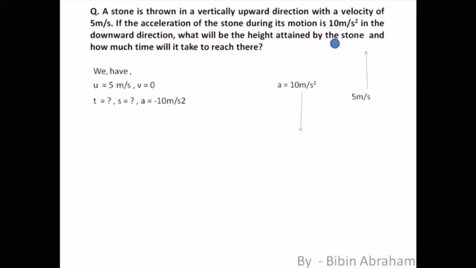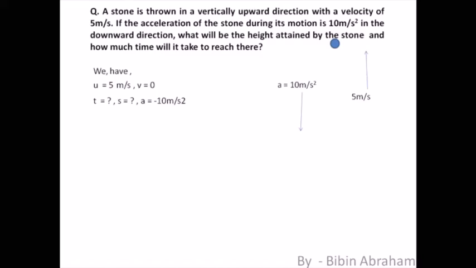And second, how much distance will it travel? I don't know, but I know the acceleration. Acceleration is minus 10 meter per second square. This is important. Why is it minus? Because the direction is opposite to that of my velocity. Okay, let's try to solve this. So first thing we will try to find out is the distance traveled.